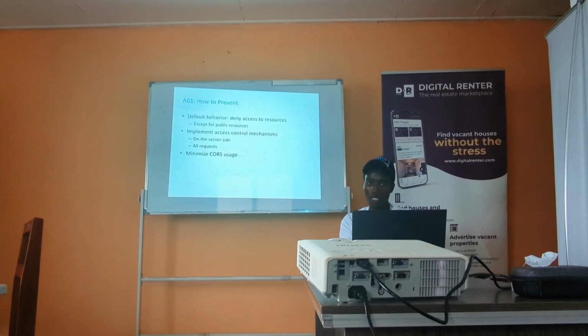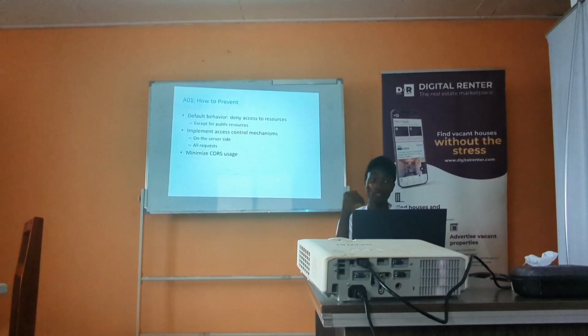How to prevent broken access control? By default, you're supposed to deny access to resources except for public resources. Like admin panels or admin dashboards are supposed to be disabled by default from outside, except when the admin wants to log in from outside.